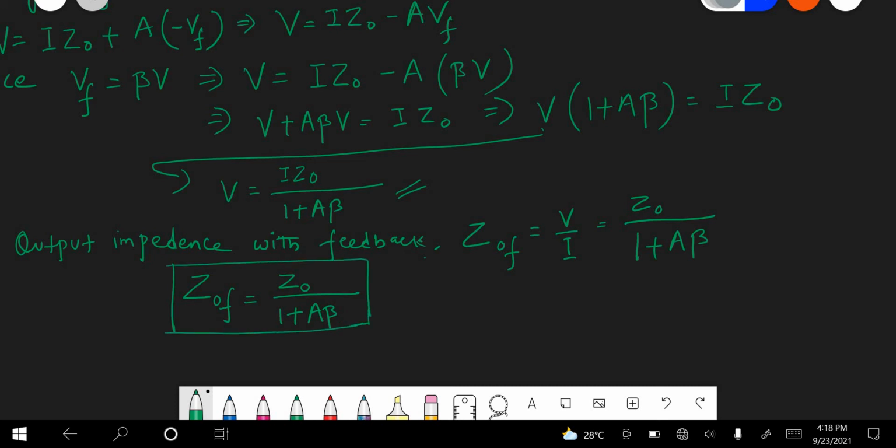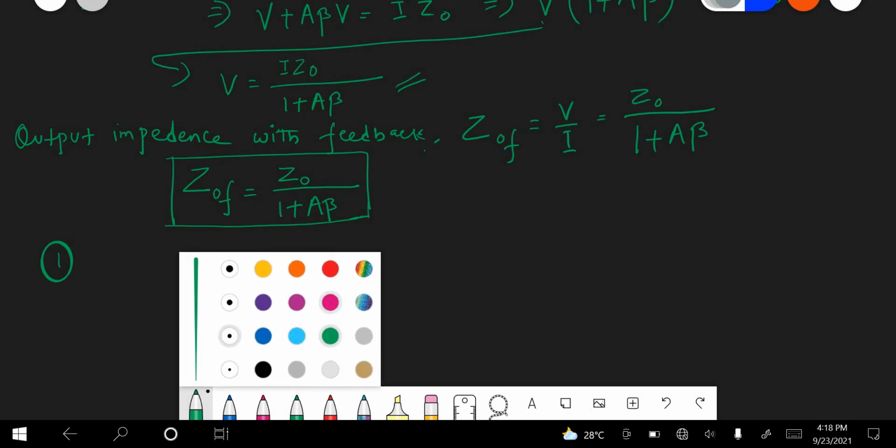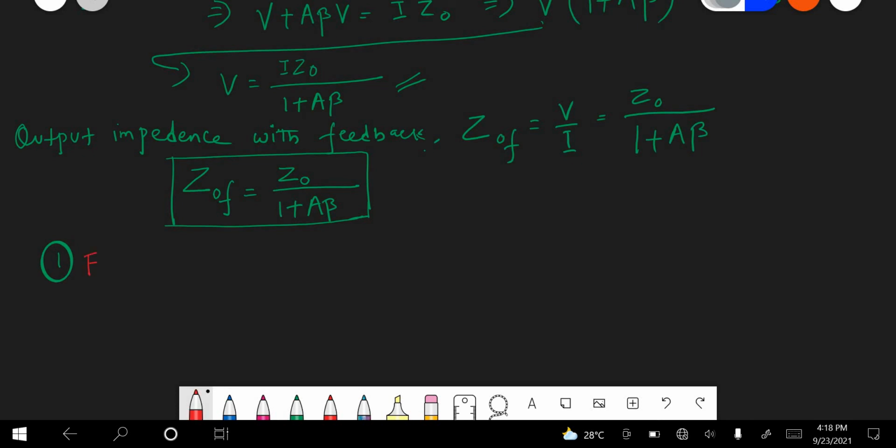Now for negative feedback, 1 plus A beta is more than 1. So if you consider the two cases, the first case is for negative feedback. For negative feedback, this 1 plus A beta is greater than 1. This gives ZOF is less than Z0.